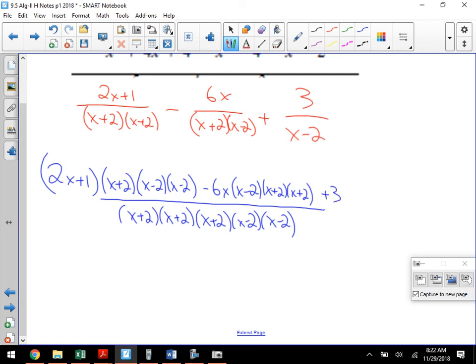Here's the deal, though. As you get into these things, it's just a couple of distributive property problems.